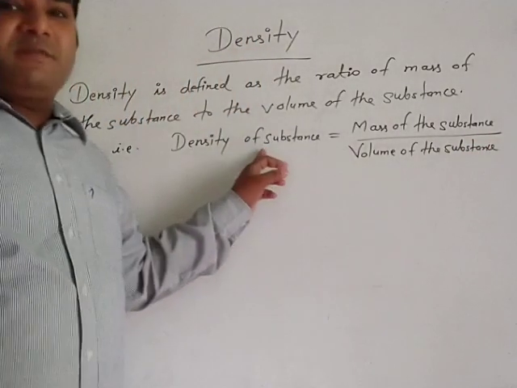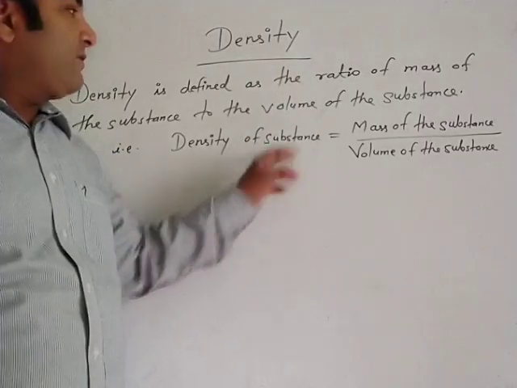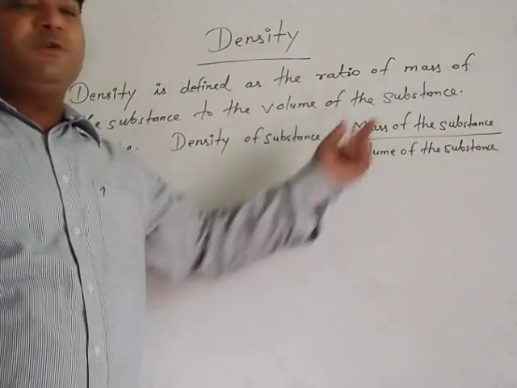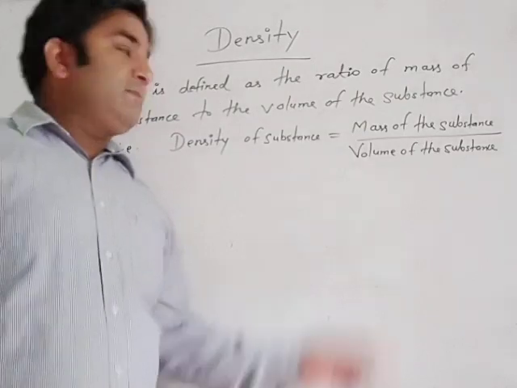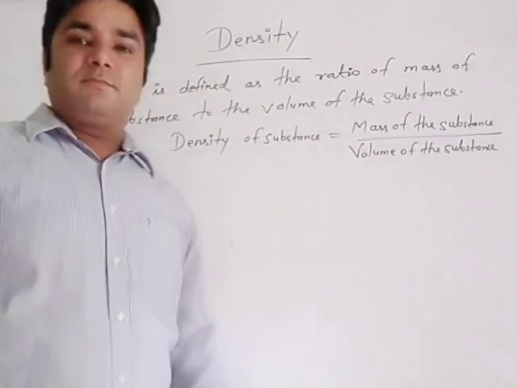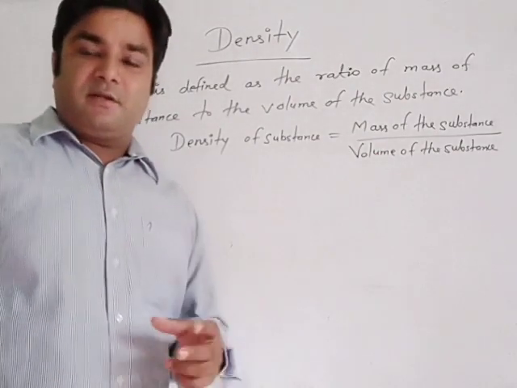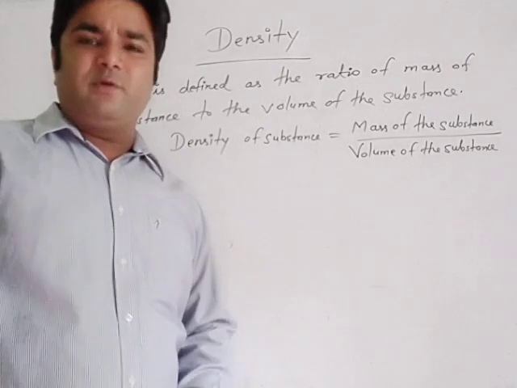Here the unit of density is also clear from this formula, mass upon volume. Mass unit is kilogram, and unit of volume is meter cube, or we say cubic meter.